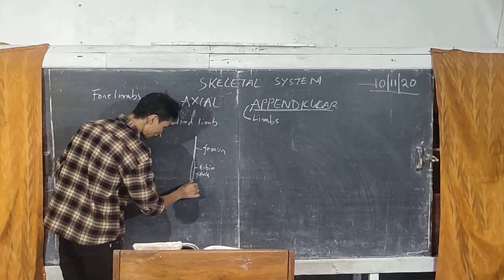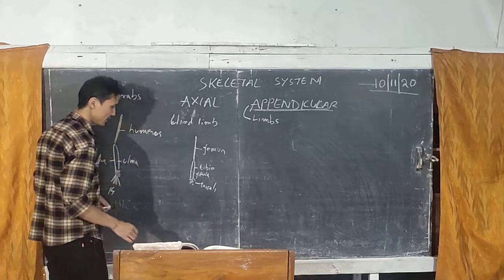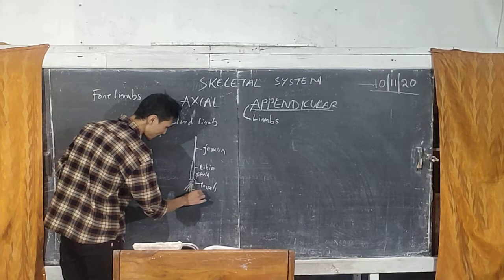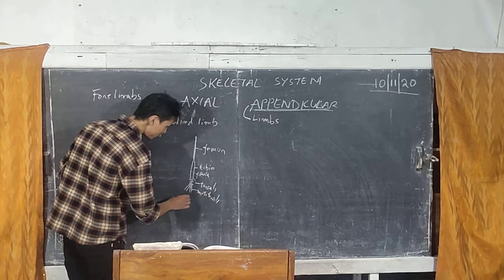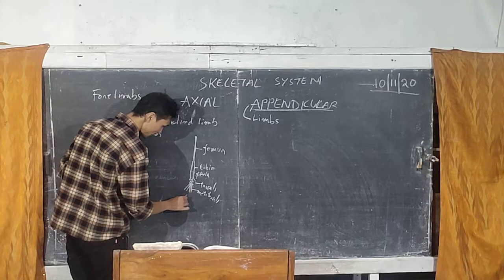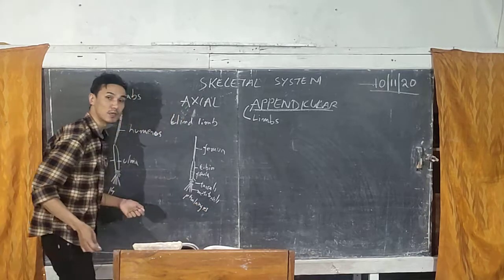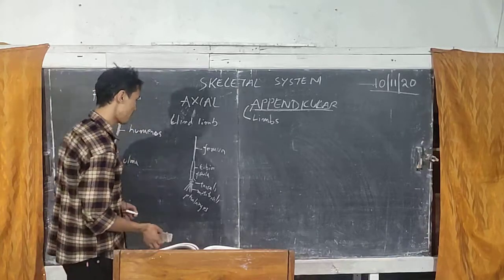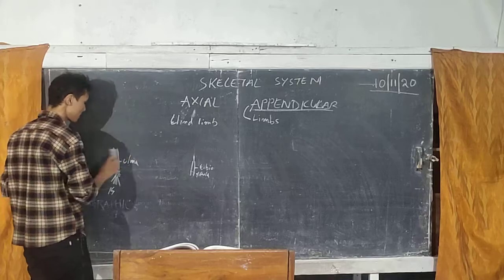Then there are 7 tarsals making up the knee. Then it continues into 5 metatarsals, and then finally the bones of the toes called phalanges, which are again 14 in number, 2 in the toe and 3 in each of the rest of the toes. So these are the appendicular skeleton.